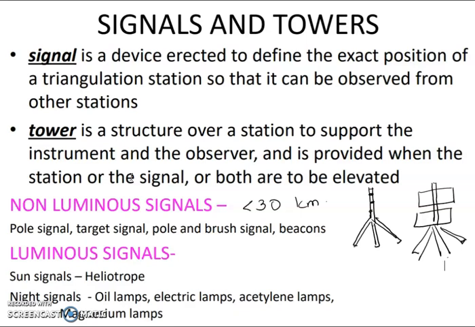Just like that, sun signals also use the sun's rays, which are reflected back to the observing instrument, usually a theodolite. Again, these will be used for sites which are greater than 30 kilometers.